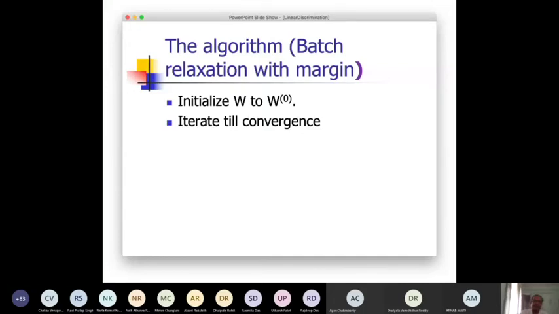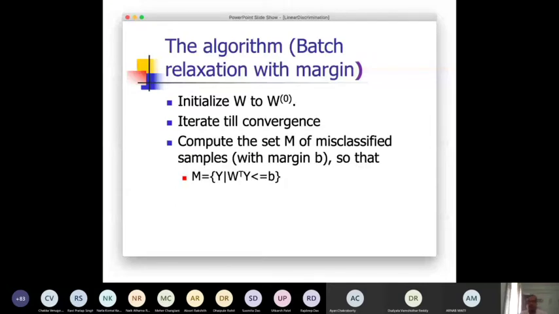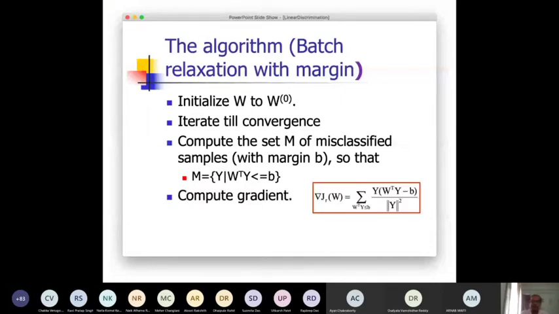And we have to iterate, that means we have to move along the opposite direction of the gradient. That direction can be found in this way: first you find the set of misclassified samples, then you compute the gradient, and this is the gradient, as you can see.